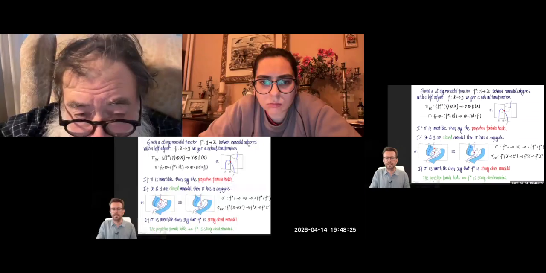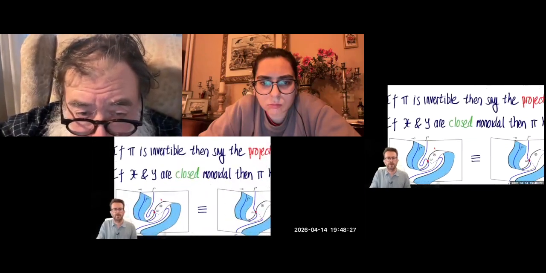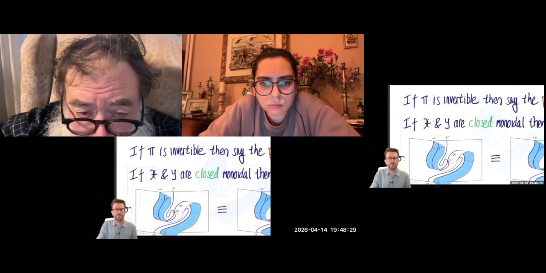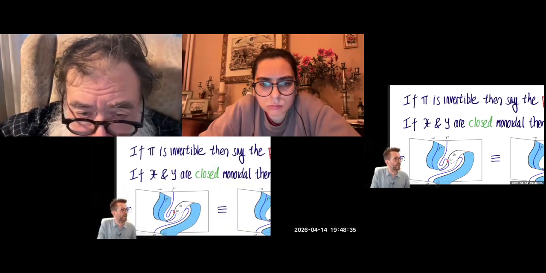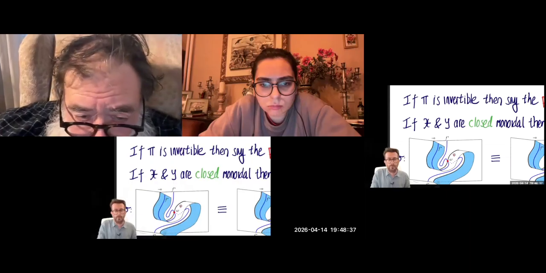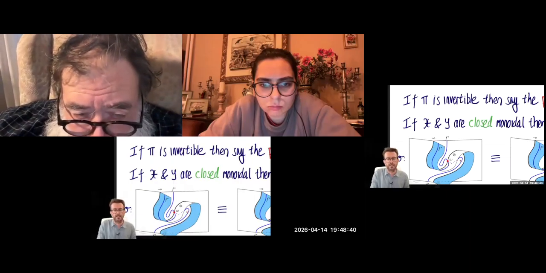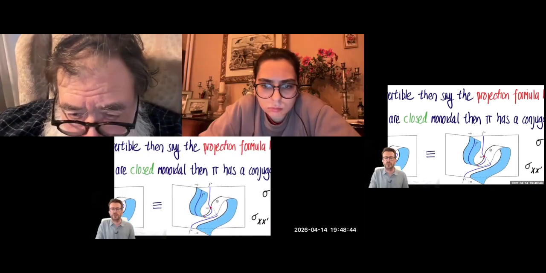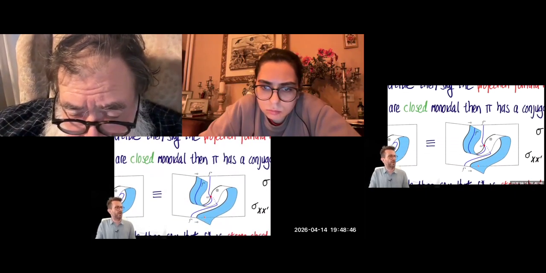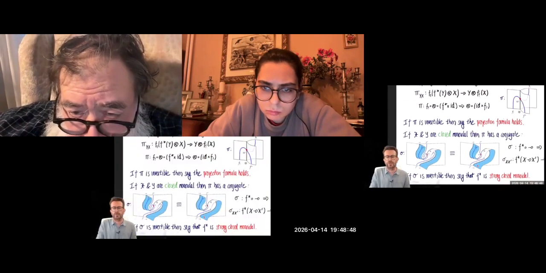Now we can wiggle this about a little bit. I've just put this pi in here, as I say, and done a unit and counit, and I can clearly pull this string straight, use the triangle identity, and pull that string straight until I get this thing here. So that's equal to that natural transformation.